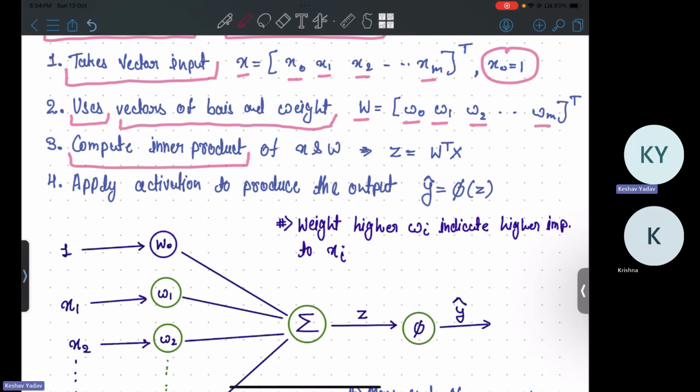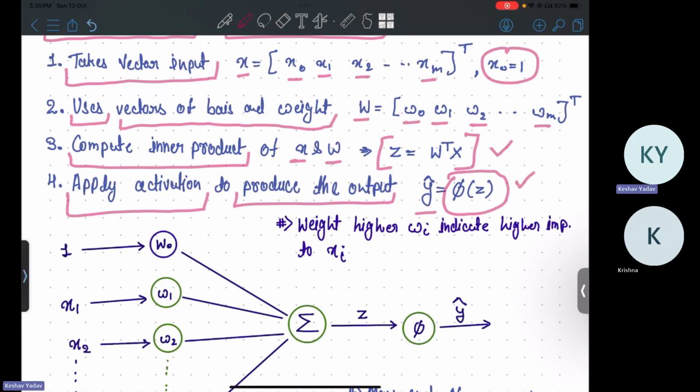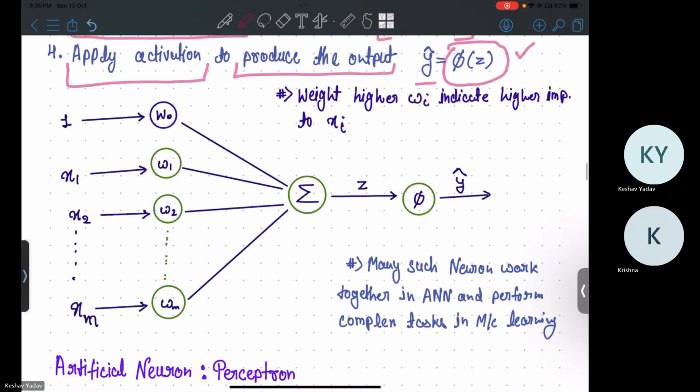It will compute the inner product of x and w, so that gives z, which is equal to w transpose x. Once I have z, it will apply an activation function to produce an output. That output, y hat, will be equal to phi of z, where phi is the activation function. So in general, it can be represented like that.